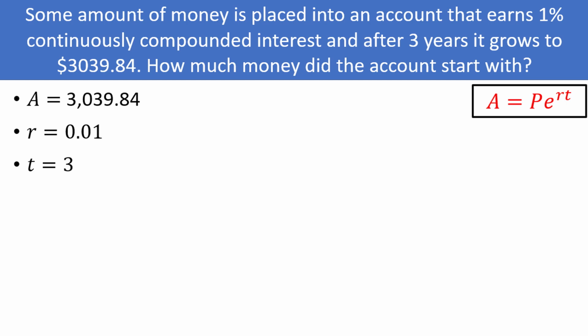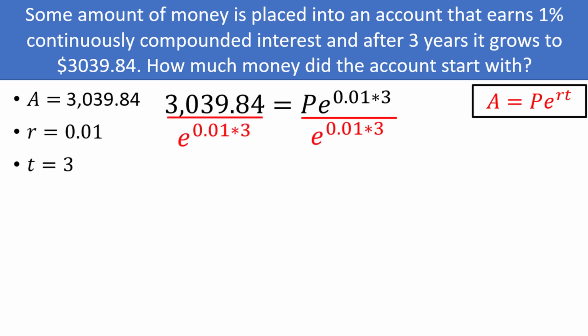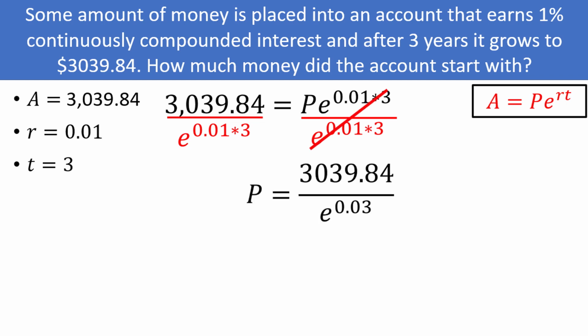Plugging into the formula, we have 3,039.84 is equal to P times e to the 0.01 times 3 power, which we need to solve for P, the initial amount in the account. All we need to do is divide each side by e to the 0.01 times 3 power. We have P is equal to 3,039.84 divided by e to the 0.03 power, since 0.01 times 3 is 0.03.